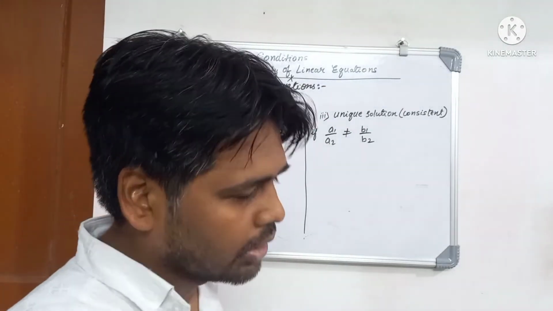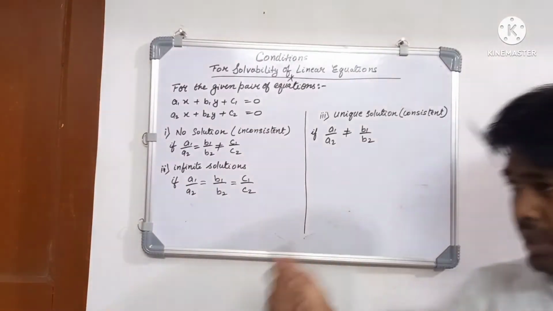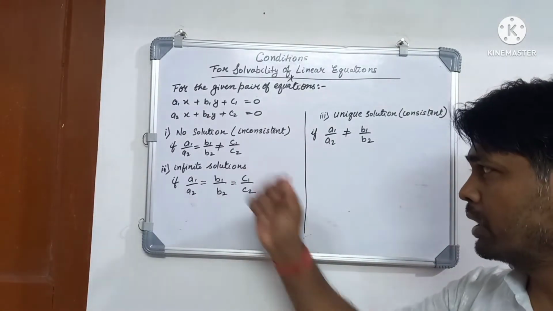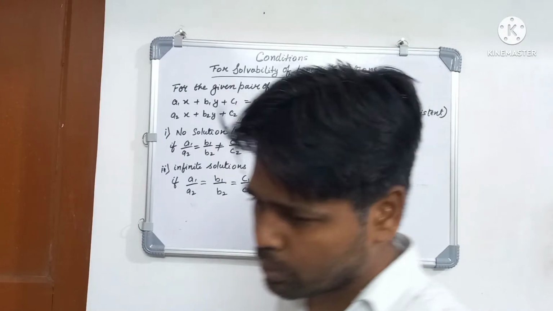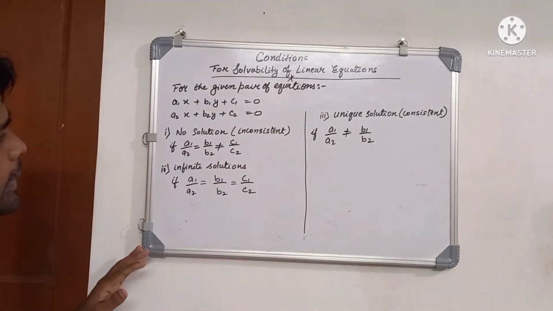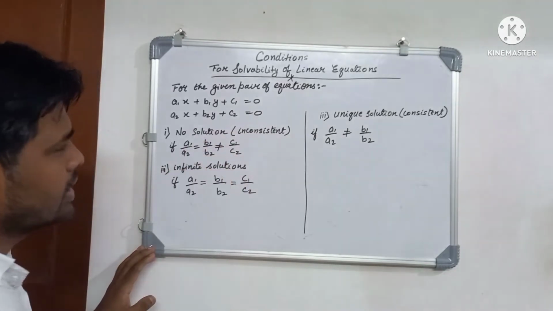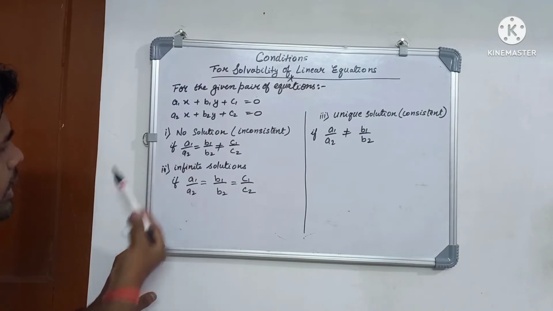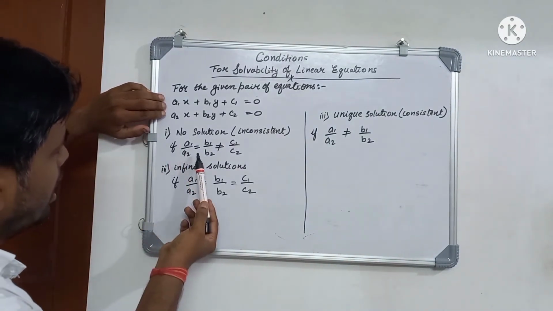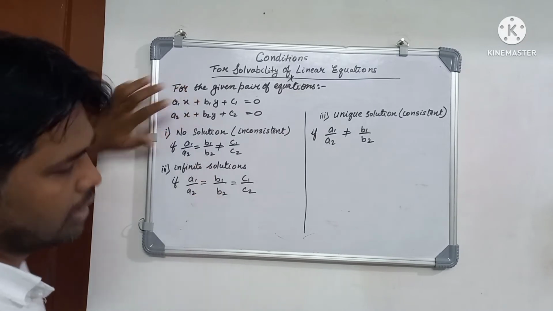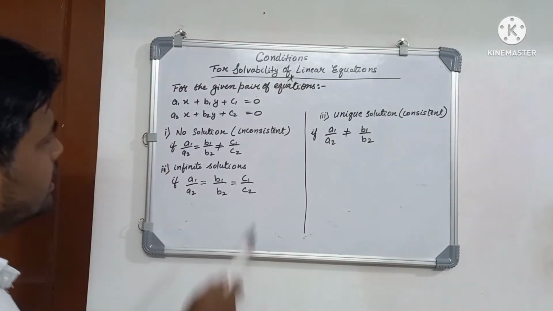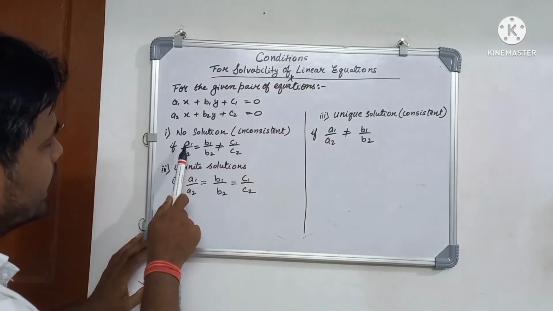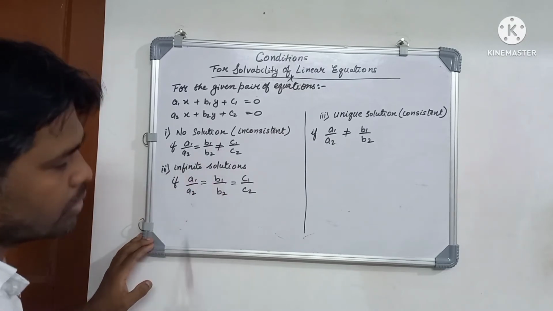The first condition says that if this pair of equations does not have any solution, that means the pair of equations will have no solutions, therefore it can be called an inconsistent system, where this condition is supposed to be satisfied: a1 upon a2, that is the coefficient of x upon the coefficient of y, should be equal, but here the condition is that the constant ratio will never be equal to either of these, that means a1 upon a2 will not be equal to c1 upon c2.